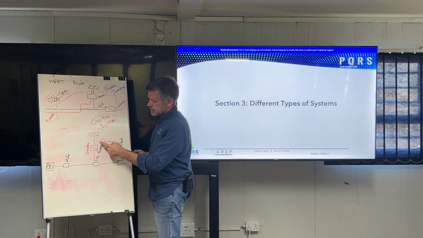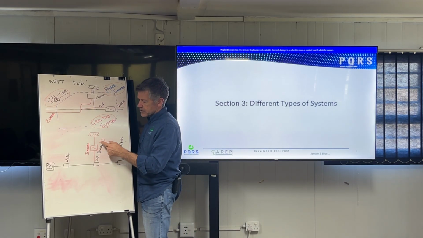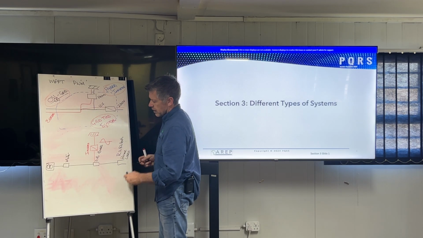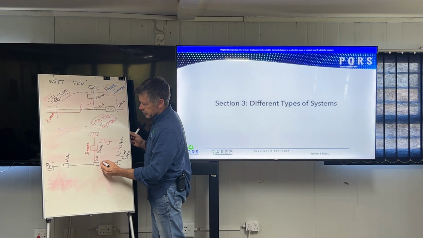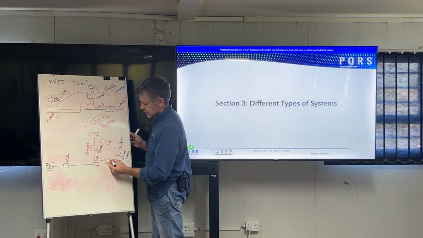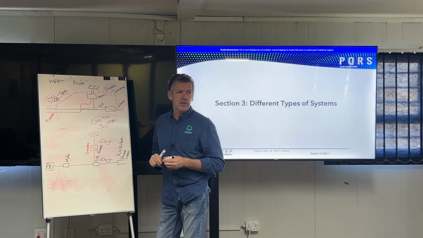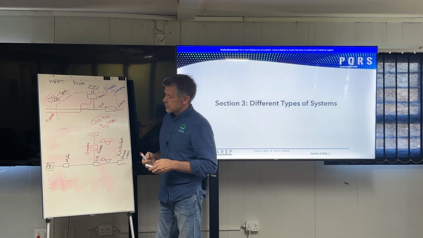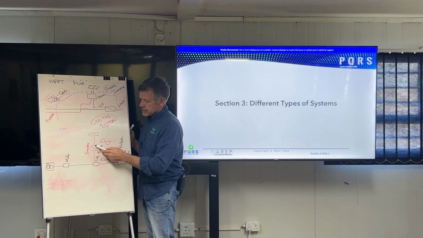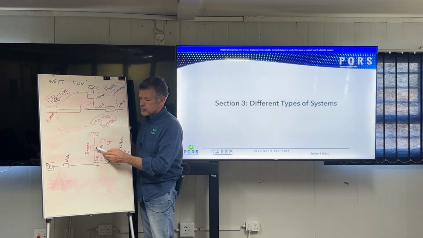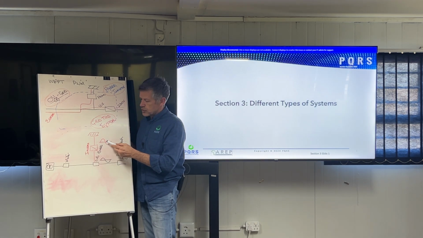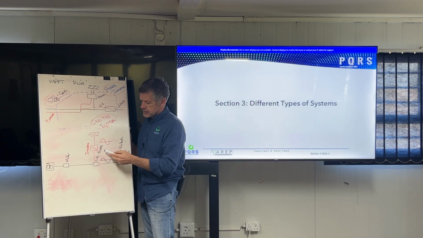So the inverter over here has a wave, and the Eskom supply has a wave. So this inverter has to be able to match the wave, the red wave, to the black wave.